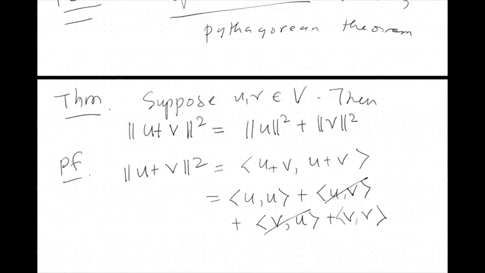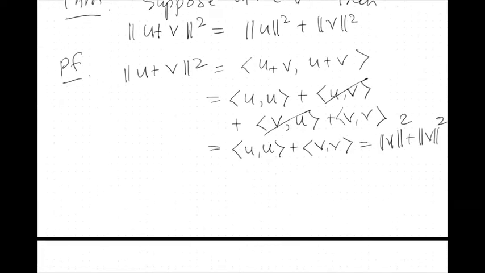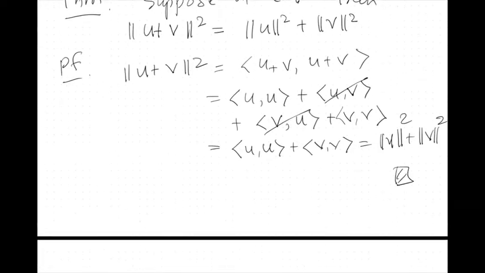And then the cross terms vanish, so we get u, u plus v, v, which is the norm of u squared plus the norm of v squared, the square of each term. And then that's it.